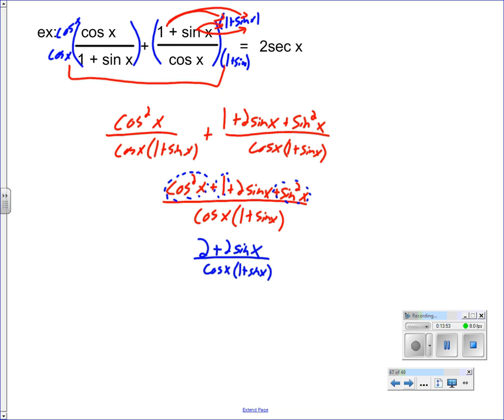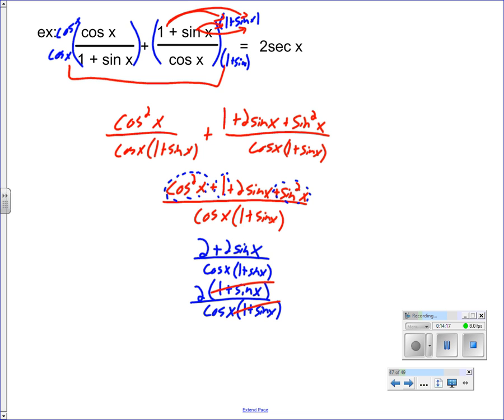Now looking at the top of this fraction, I have a common factor of 2 I can take out of this term. So I can factor it. When I remove that factor of 2, I see I have a factor that cancels out the 1 plus sine x.